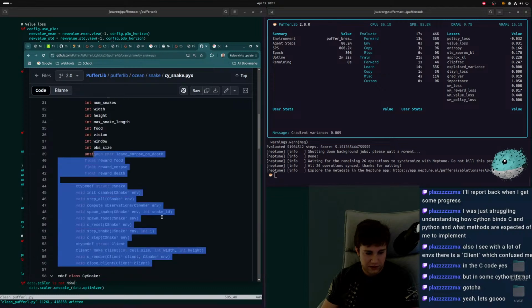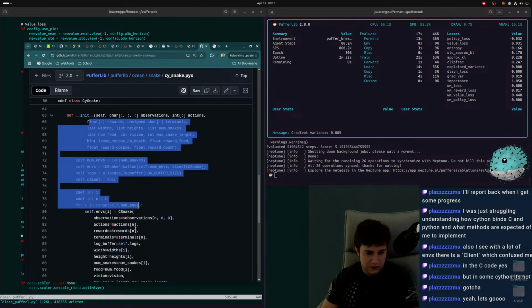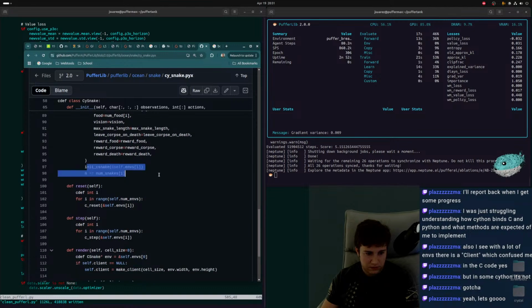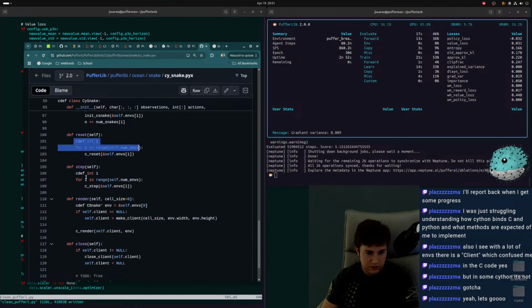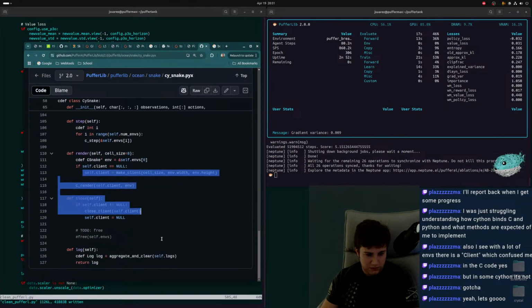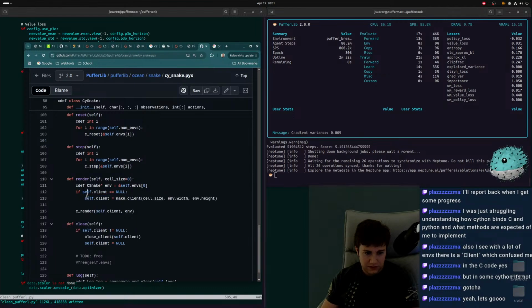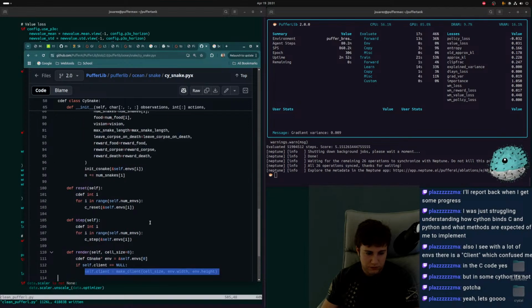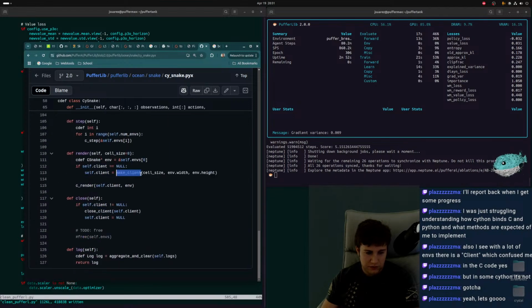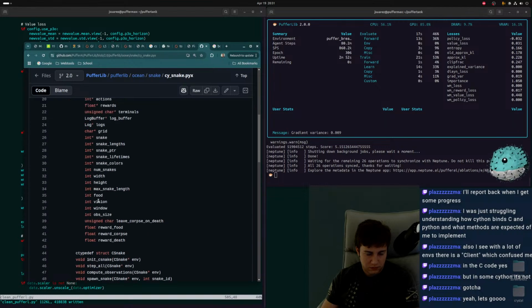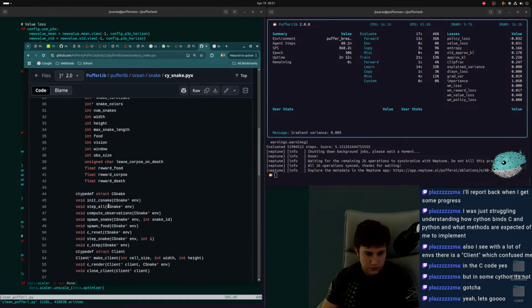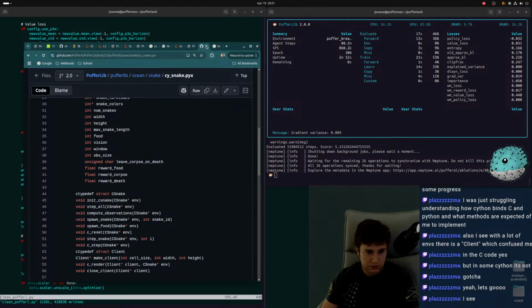This makes all the envs right here, calls init, reset, step, render, close, that's it. And this make client just makes a renderer. That's all it is. And this make function is just a C function. Python's just an easy way to expose C methods to Python, that's all it is.